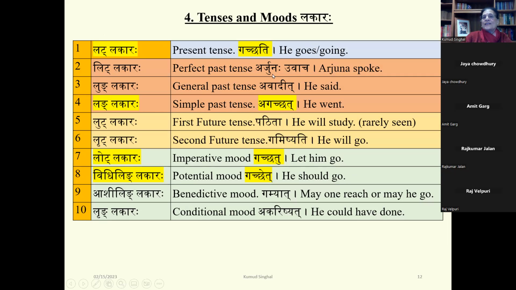So this is gachati, agachat: he went. And we are going to study 2 moods: lot lakara, which means let him go, like a command or a wish or an order, gachatu; and vidhiling, gachet, he should go. So these are the 4 lakaras which we are going to study.